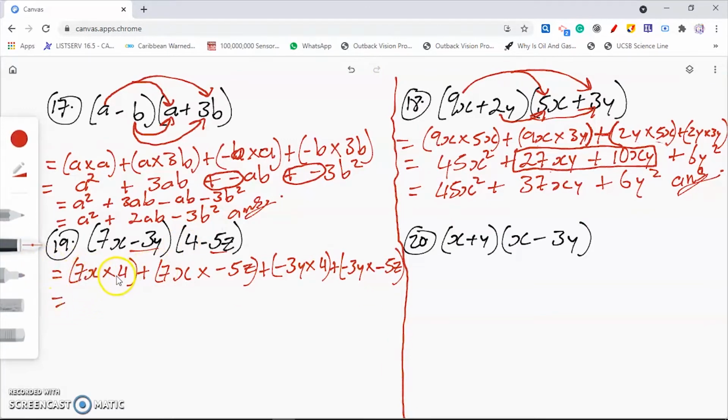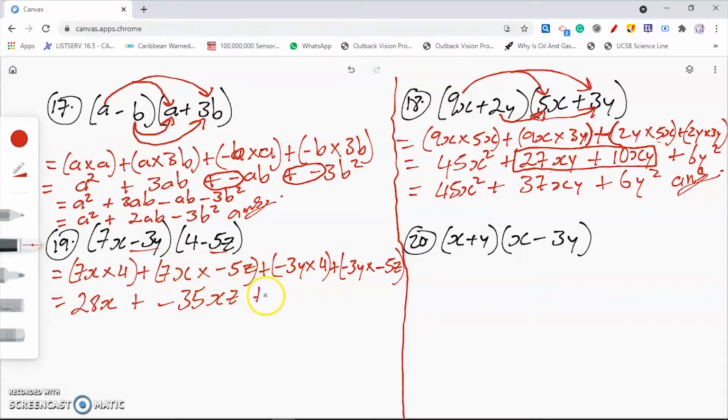So 7 times 4 is 28, and then we bring down the x. So 7x times 4 is 28x. Plus 7x times negative 5z. Well, positive times negative is negative, and 7 times 5 is 35. So that's negative 35, x times z is xz.